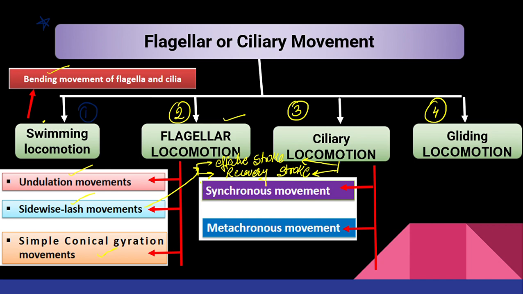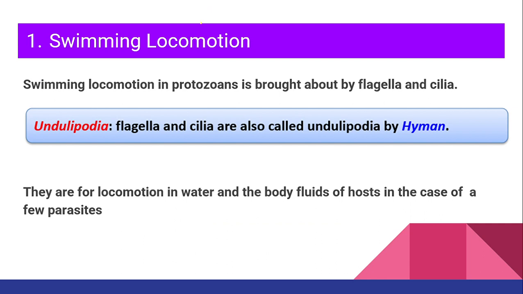But we have taken a special example, that is Paramecium. Under Paramecium, we are going to study about the synchronous movement as well as the metachronous movement. Now, the last one is gliding locomotion. Basically, it is with the help of myonemes. So I want all of you to write this in a single page so that it will be easy for you to remember. Now let's begin our class with the swimming locomotion.